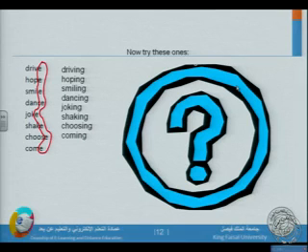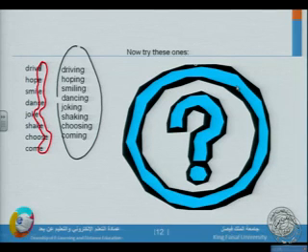So what we have done here is delete all the E's, then we add ing to all of them.